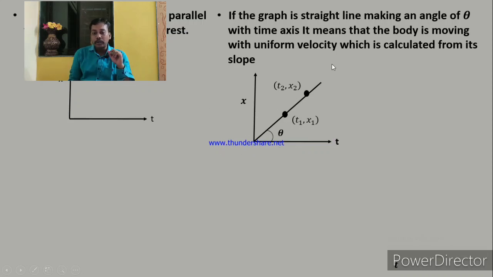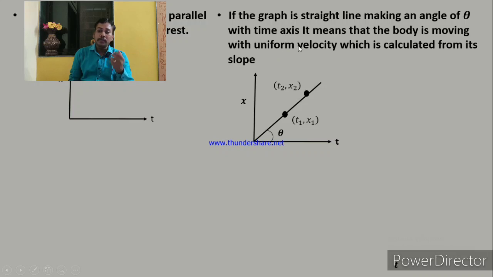Both quantities, time and displacement, whose graph is a straight line, are directly proportional to each other, and hence this graph shows that the velocity of the object is constant.